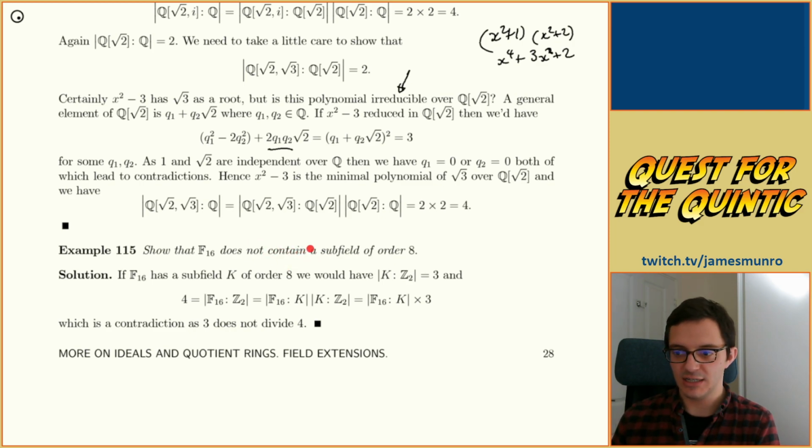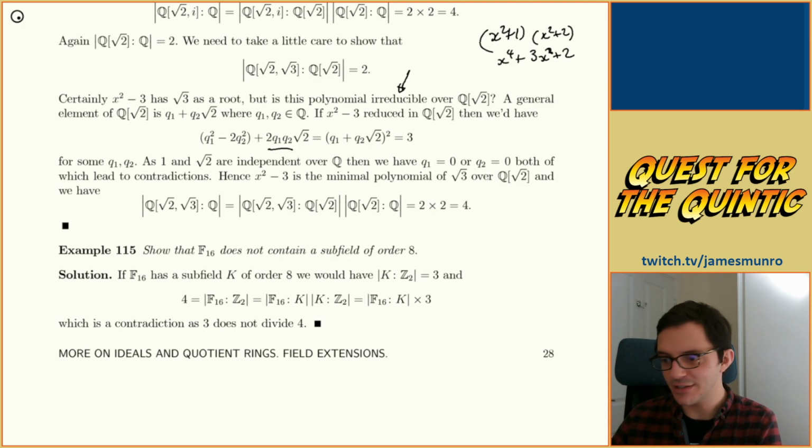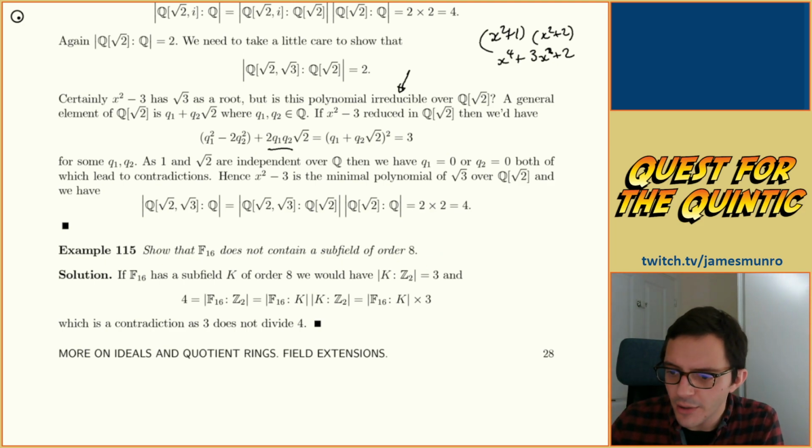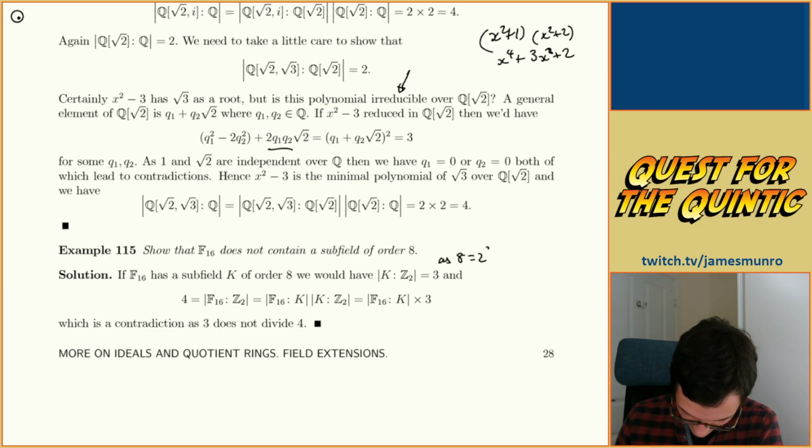We know that F16 contains Z2 because it has characteristic 2, I think, so the identity plus itself is 0 and you have Z2 in there. K as an extension over Z2 would be degree 3 because 8 is 2 cubed. And 16 is 2 to the 4, so the extension of F16 over Z2 is degree 4.